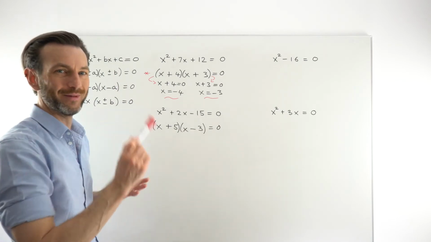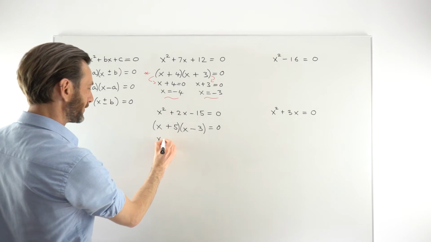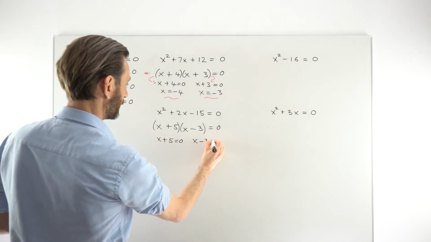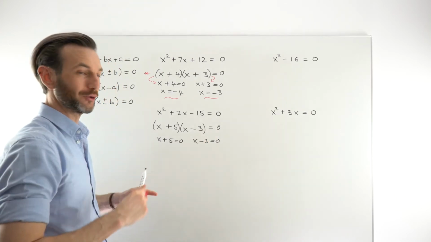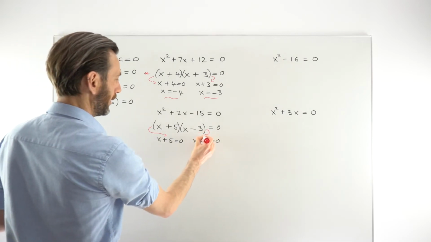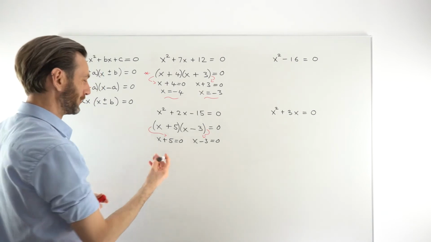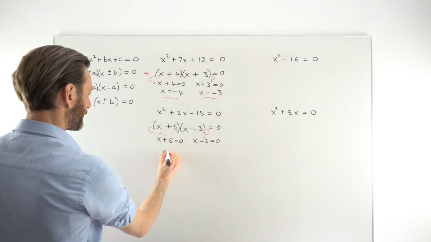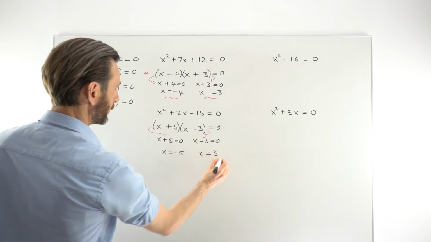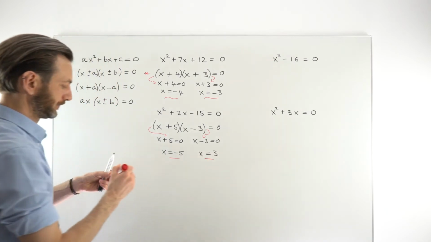All I'm going to do is to split the factors off into two equations. So x plus 5 equals 0 and x minus 3 equals 0. Now I can use my red pen to say that that equation is just based on that bracket, and that one like that. You don't need to be drawing red lines on these, it's just for illustration, of course. So this would give us a solution of x equals negative 5, and this is x equals positive 3. So that's our two solutions for that guy.